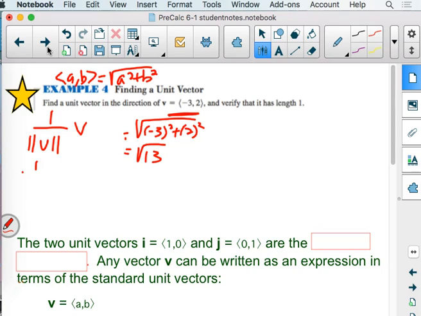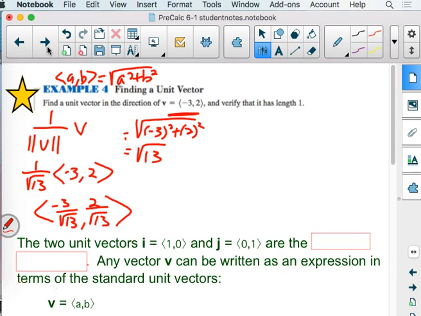I'm supposed to take 1 over the square root of 13 times the vector <-3, 2>, and that's going to give me my unit vector. It's not going to be pretty, but it will. So negative 3 over the square root of 13 and 2 over the square root of 13.